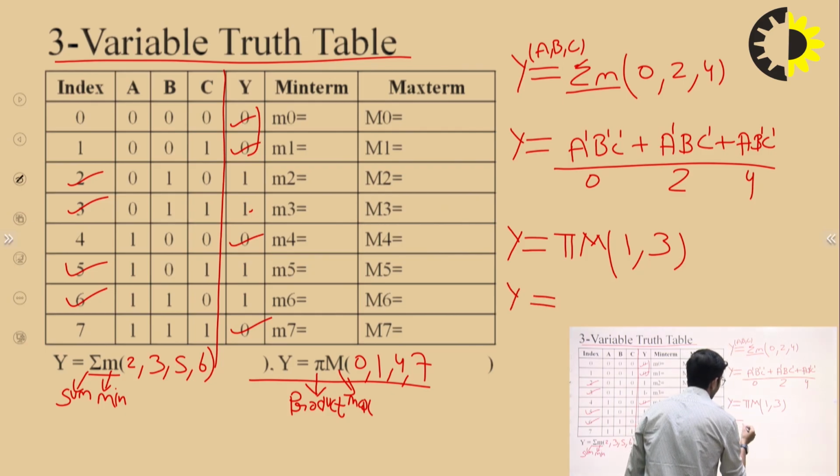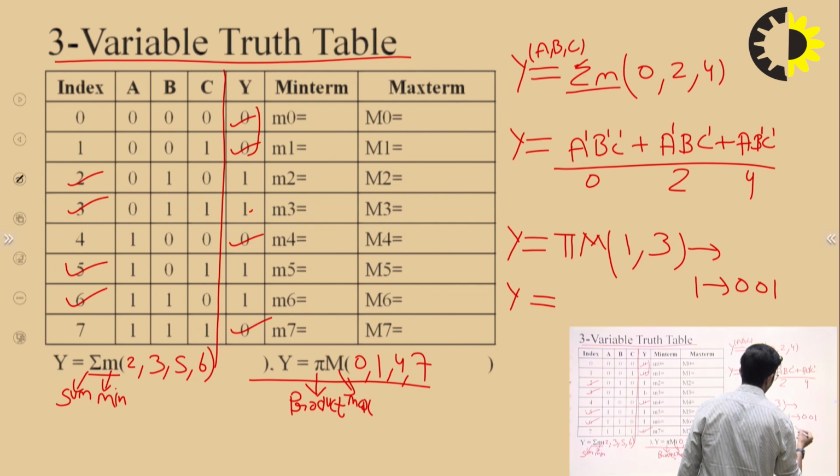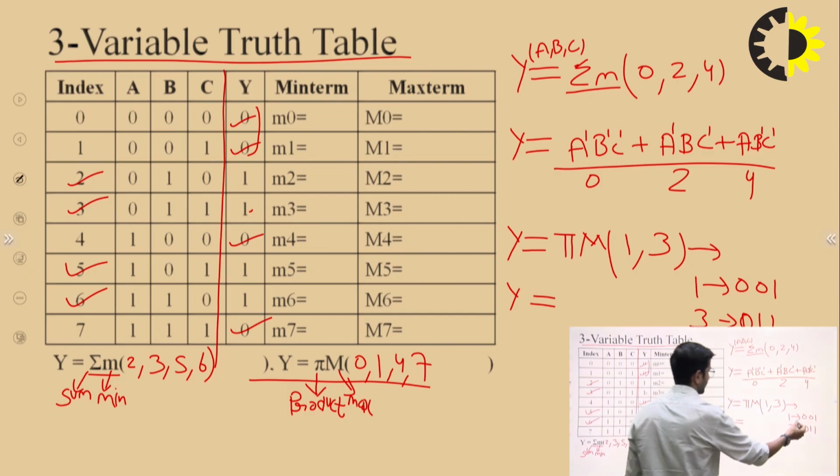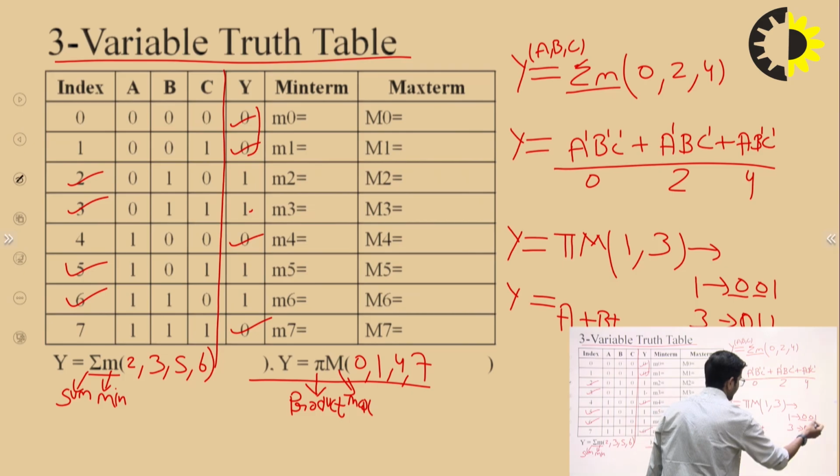Since max terms are in the form of product of sum, 1 will be equivalent to binary 0, 0, 1, and binary of 3 is 0, 1, 1. So for the max term, 0 can be written without complement, like A plus B, but for the 1 we have to take the complement, that is C bar.